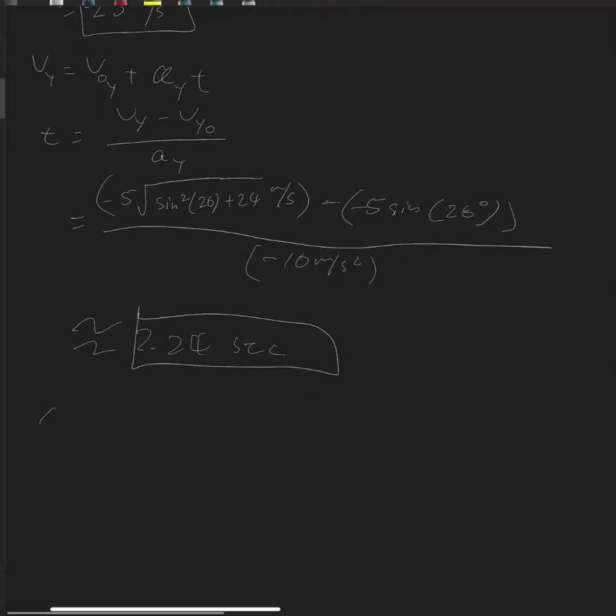And the last one is the change in x direction. For delta x, we've got time and the initial velocity, so we can use vx0 t plus 1/2 ax t squared.